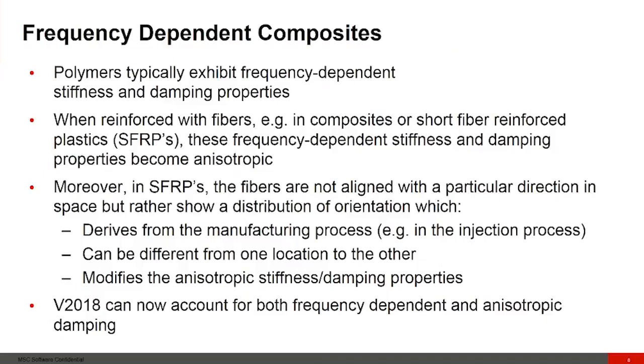Moreover, in additional applications, the short fiber reinforced plastics, depending on the way the fiber orientation is distributed, the properties can vary from location to location. So it is important to be able to model these spatially dependent properties. So now in version 2018.0, we can account for both frequency dependent and anisotropic damping.